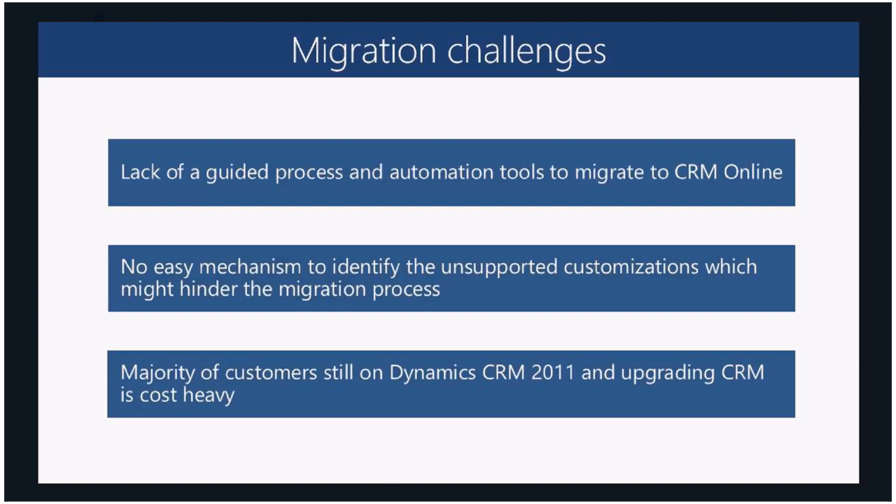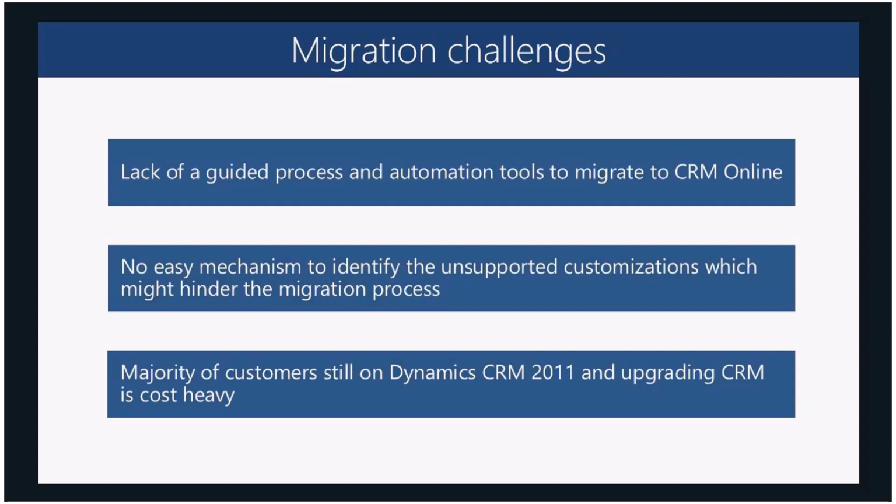The reason being there have been so many changes in schema and in how Dynamics 365 has evolved over time. It has become challenging over a period of time to manually map and move data from on-premise to online. Hence, there is a lack of guided process. Everything is manual. There is no automation involved.